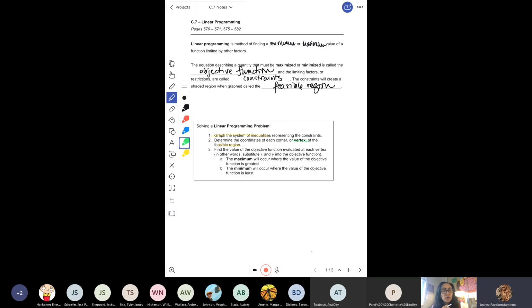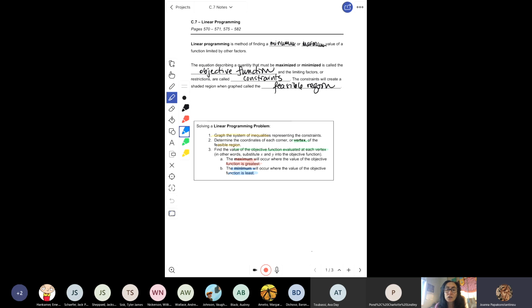Then we find the value of the objective function at each vertex, and look for the maximum, the largest value of the function, or the minimum, the smallest value. It's not a difficult process. There's just a lot of steps to it.